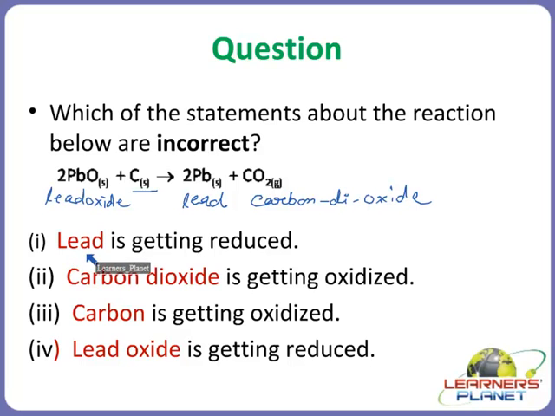The first option is lead is getting reduced. Is it so? No. What is happening? Lead oxide is getting reduced. Lead is the product formed from lead oxide. So this statement is incorrect.